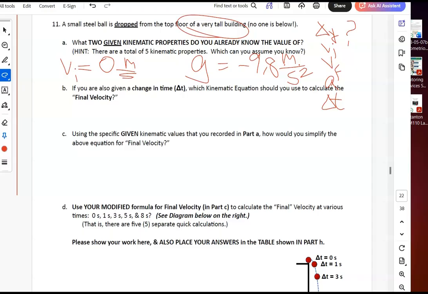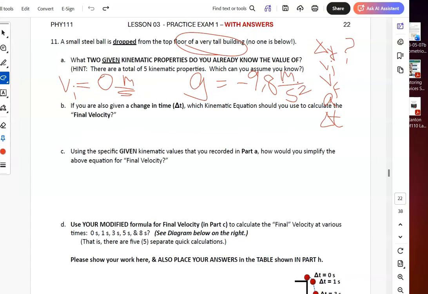Part B, if you're also given a change in time, delta t, which kinematic equation should you use to calculate the final velocity? Well, which variables do we have information on? We know the value of the initial velocity. We know our acceleration is now g, and we know what that value is. We're going to be given a delta t value, and we're being asked for the final velocity.